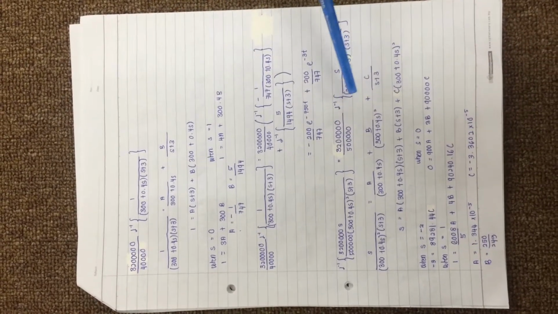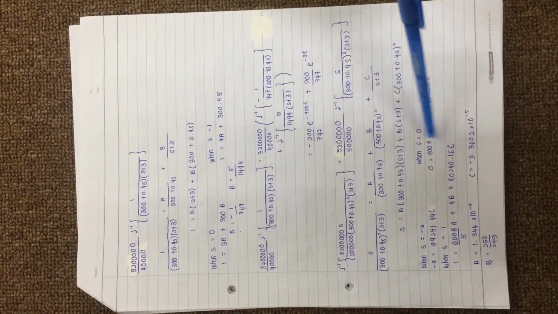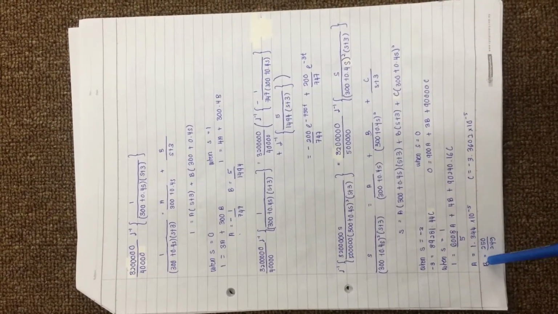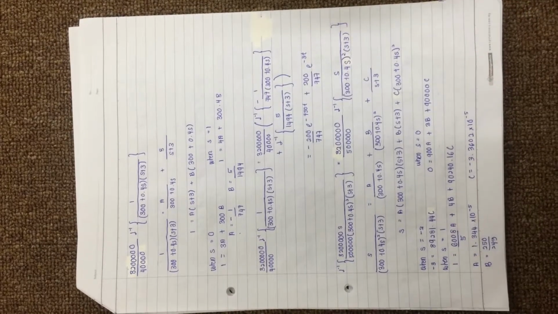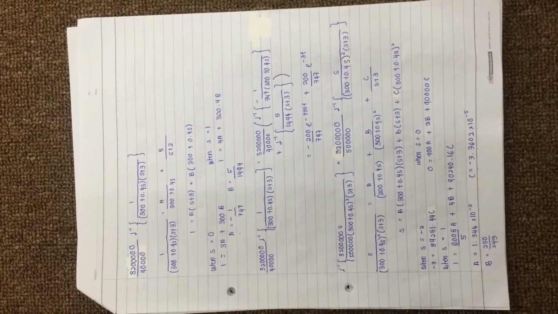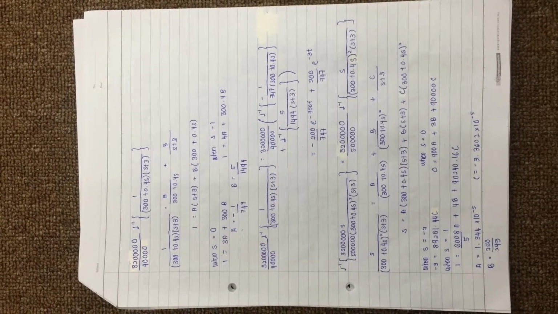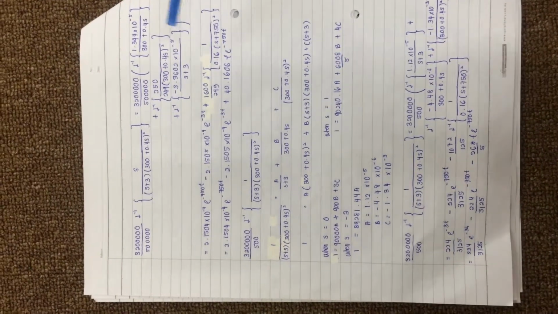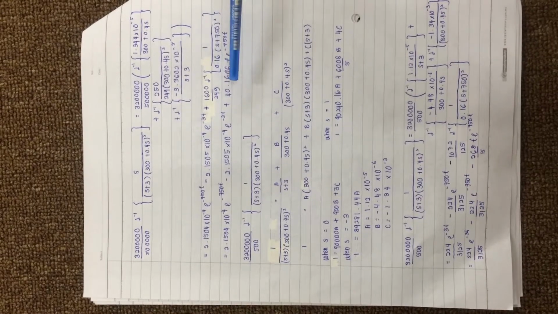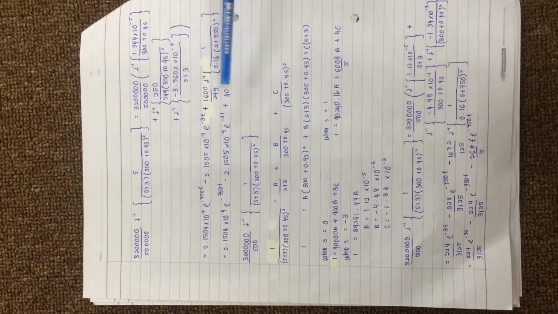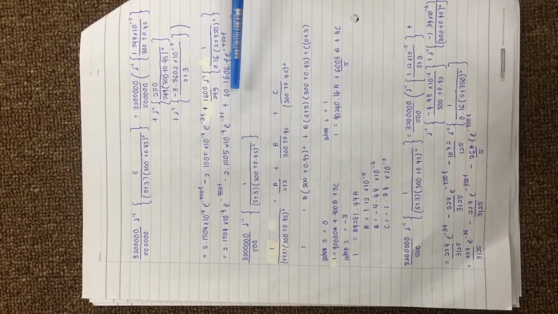Okay, the third fraction is also the same, and we find A and B. The final answer is in the next pages, and this is the final answer for the third fraction.